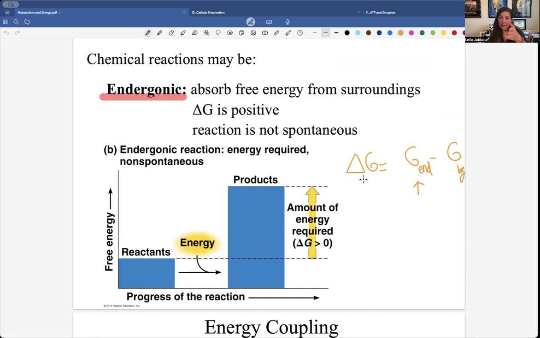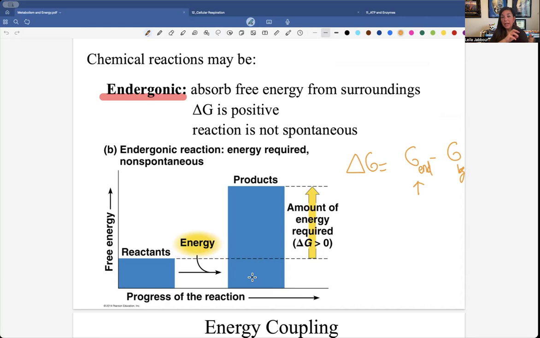So back in that lecture, we had seen that the difference in the energy in the product versus the reactants was positive in an endergonic reaction, because you end up with more energy that got stored into those products than you had energy in the reactants to begin with.